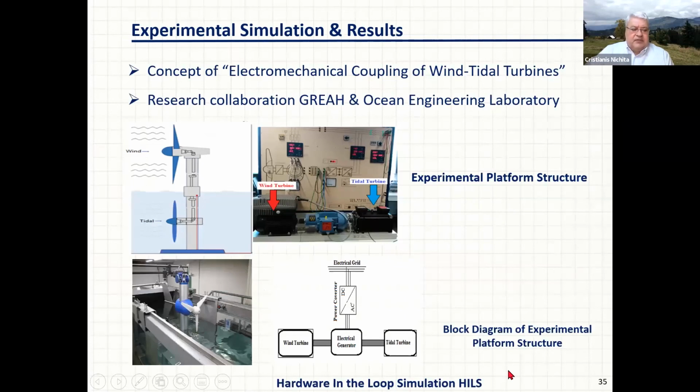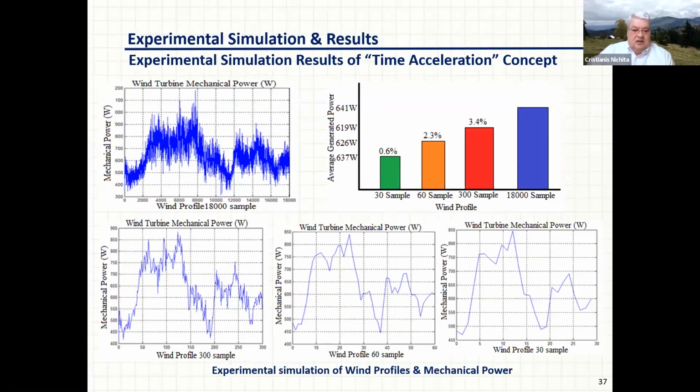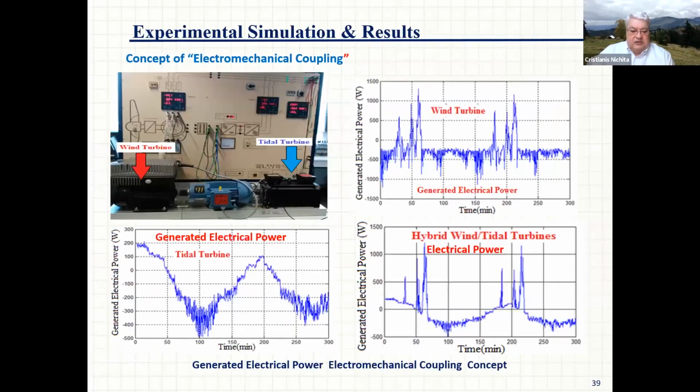So the principle is here. I have presented some results obtained in experimental simulation. We see that we can emulate 2 turbines.